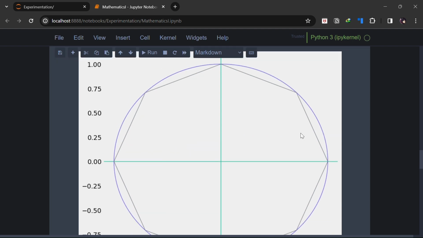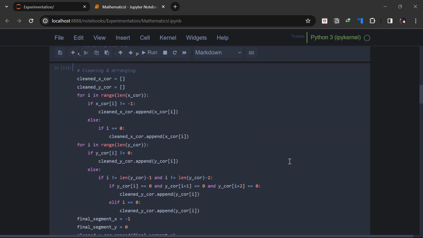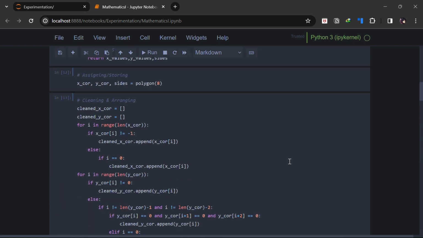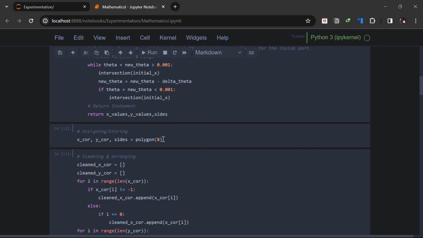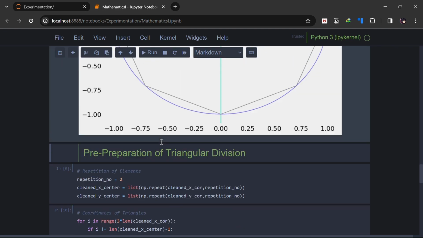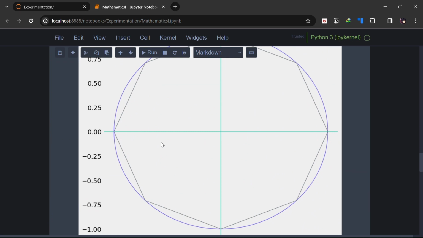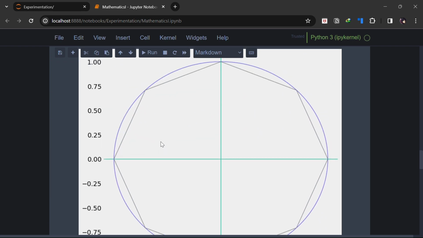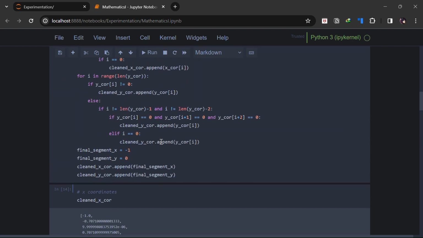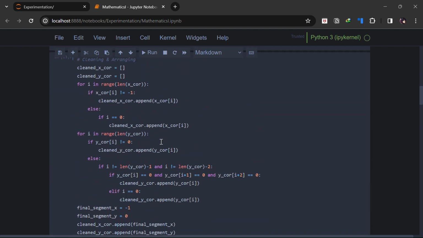The number of sides that I put between the parentheses, matplotlib will generate a plot of a regular polygon with that many sides.